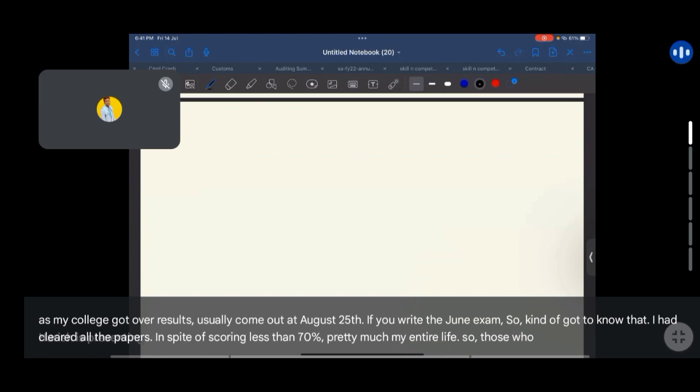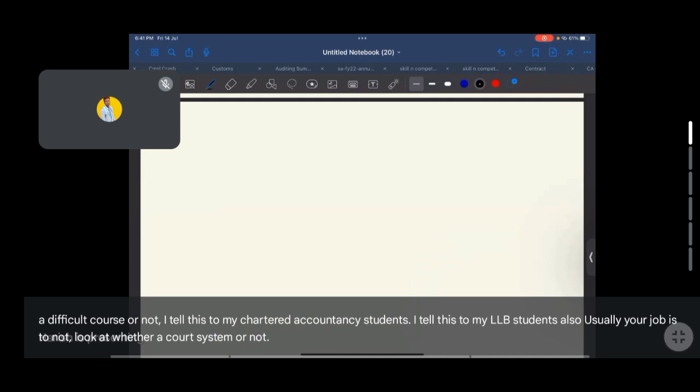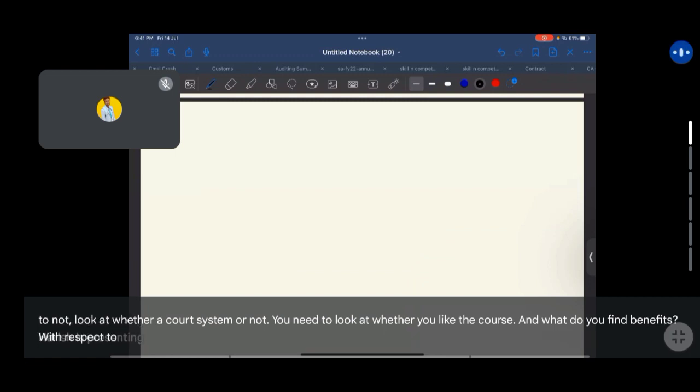So those who are wondering if anything is a difficult course or not, I tell this to my chartered accountancy students, I tell this to my LLB students also. Usually your job is to not look at whether a course is tough or not. You need to look at whether you like the course and what benefits you find with respect to doing this course.